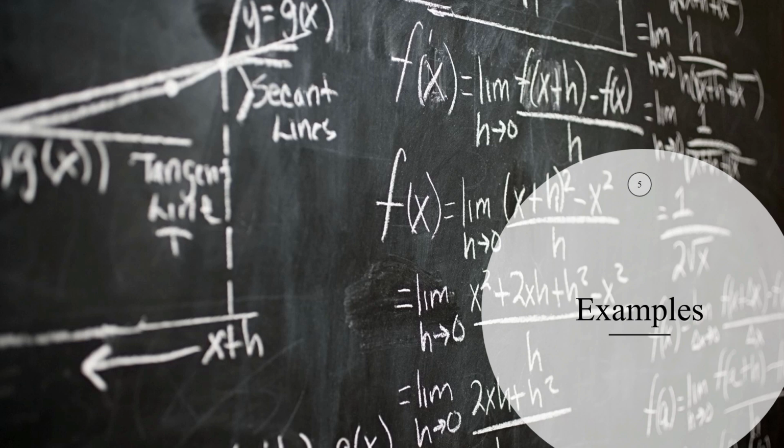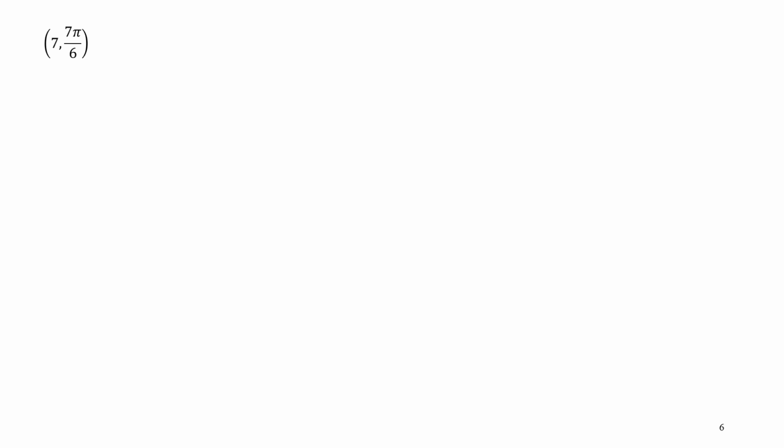So let's look at some examples to go over some of these concepts and formulas. First we're going to look at 7 pi over 6. For this one we have radius and theta, and we want to go to x and y. I would draw your picture first. We know that 7 pi over 6 is down here in the third quadrant.